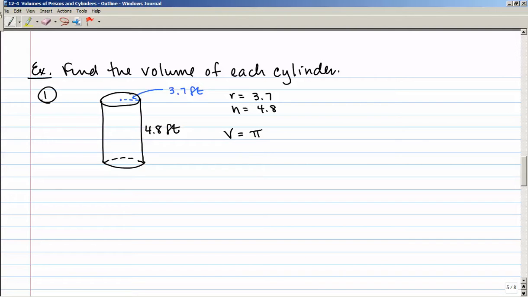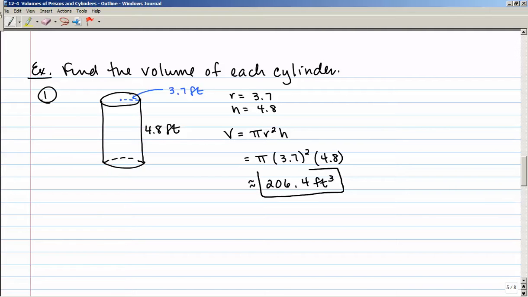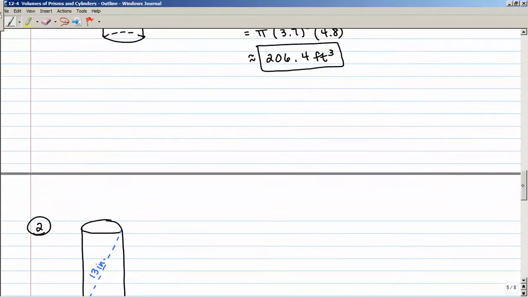Volume equals pi r squared h, or pi times 3.7 squared times 4.8, or the volume is approximately equal to 206.4 cubic feet. Cylinders usually are pretty straightforward. Here's another example.